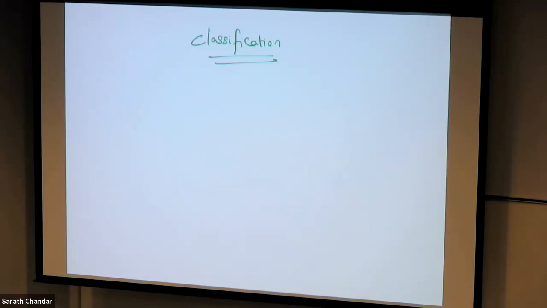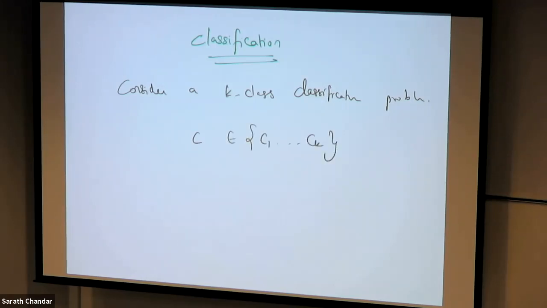Okay, so now let's consider a K-class classification problem. Okay, so I have C, which could belong to either C1 to Ck. Okay, so normally there are 2 stages in classification.